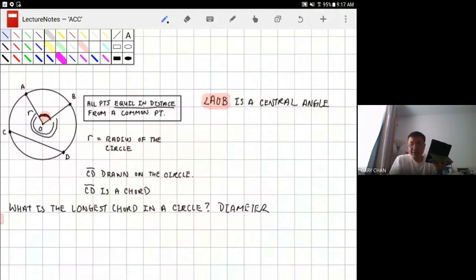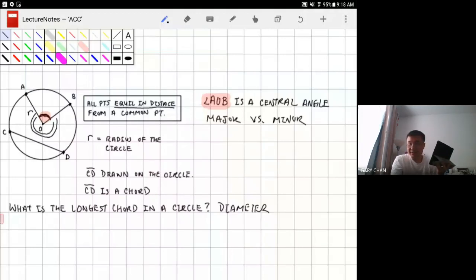And technically, angle AOB, we can talk about the major or the minor. So there's a major versus a minor. We can talk about the larger angle AOB versus the smaller angle AOB. Sometimes it's important, if you're writing a problem, to let the reader know which specific angle you're referring to, the major angle or the minor angle.